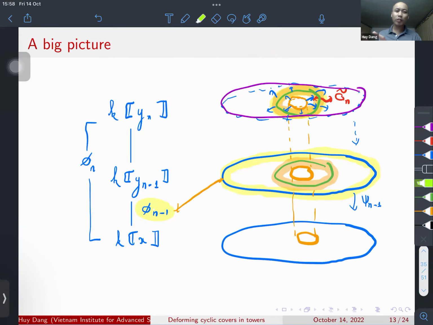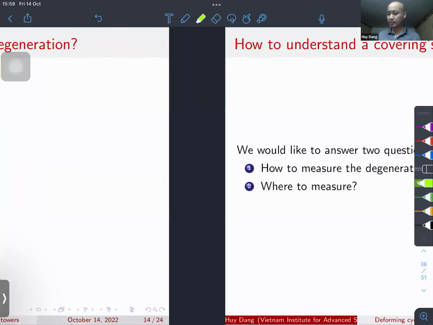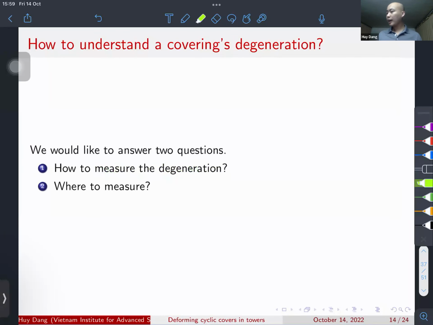We only want to look at finitely many of them and understand the whole thing. So how and where, that is what we want to answer. And for the first question, the motivation again comes from elliptic curves. That's why when you do number theory, you want elliptic curves, because they give you a lot of motivation.